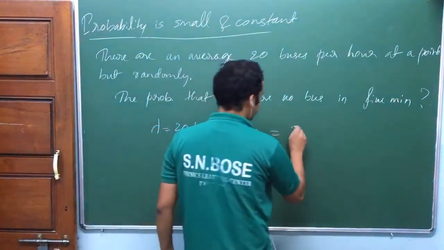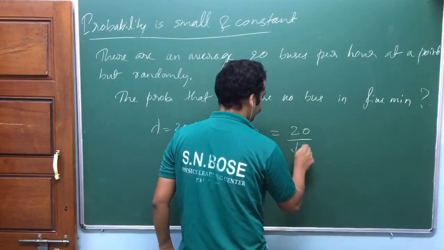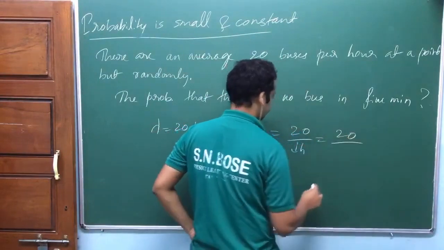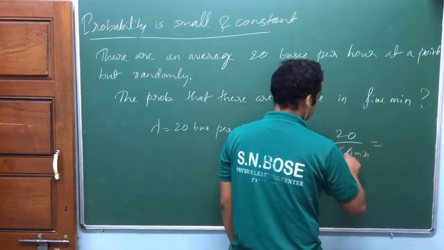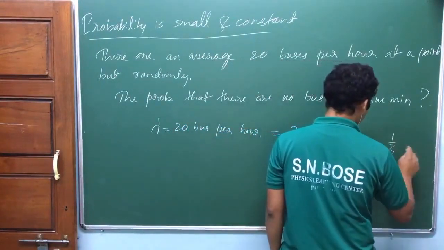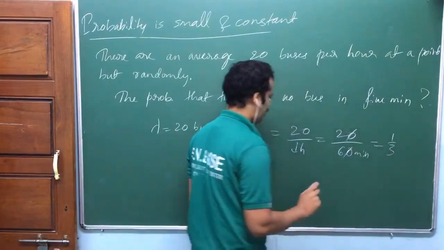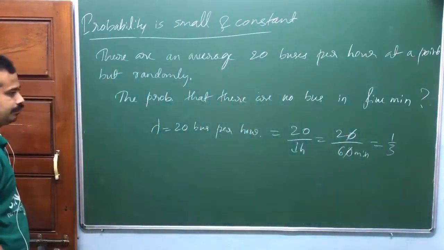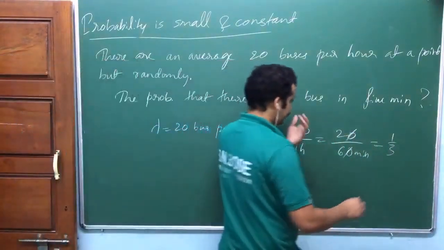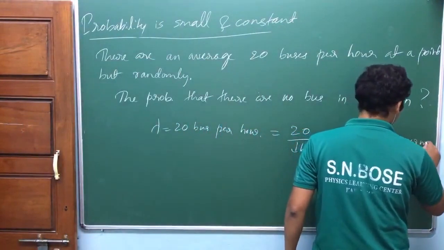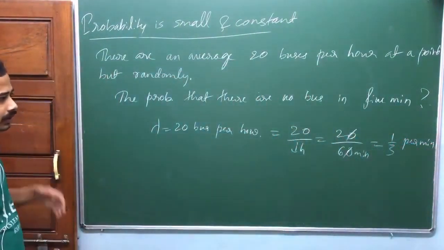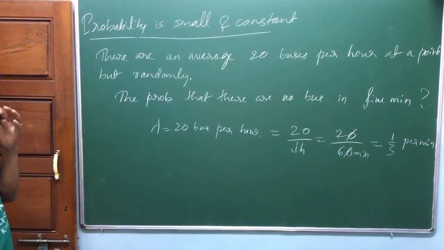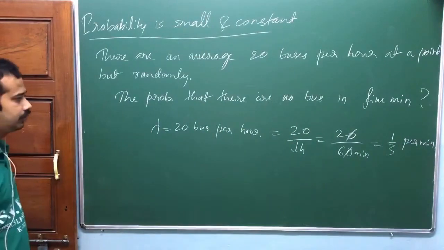So 20 bus per hour, 1 hour can be written as 60 minutes. 1 by 3 per minute. Is that okay? 1 by 3 bus per minute. Can I say like this? So that after 60 minutes, 20 buses, isn't it?